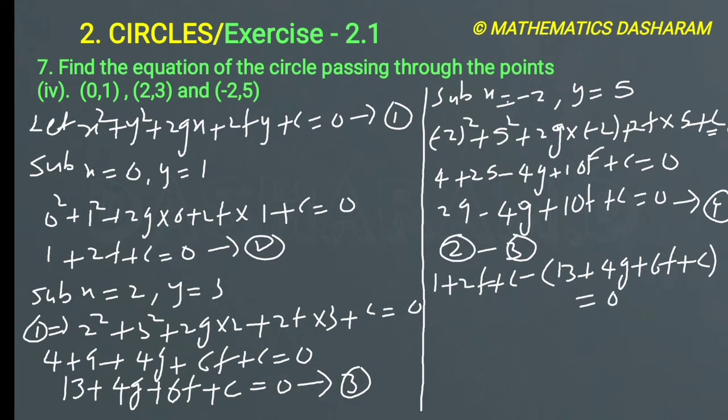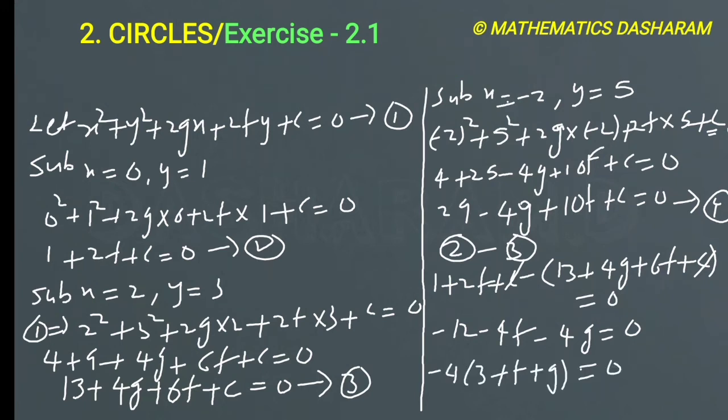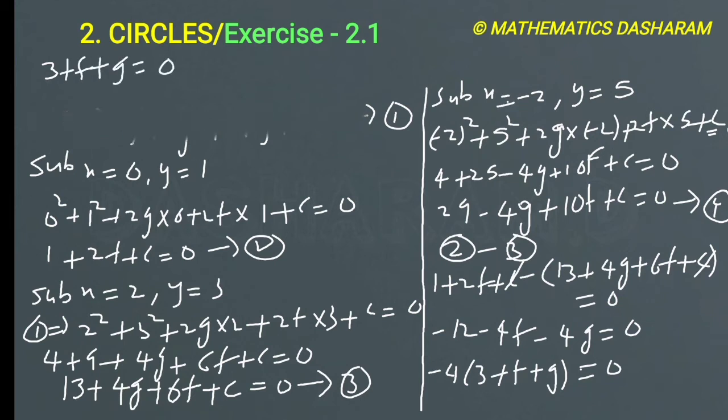So 1 minus 13 is minus 12, 2f minus 6f is minus 4f, plus c minus c cancel, next minus 4g equals 0. So here we can take the minus 4 common. Then 3 plus f plus g equals 0. So f plus g equals minus 3.